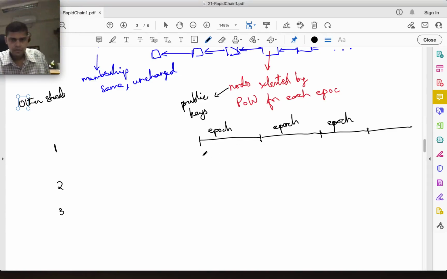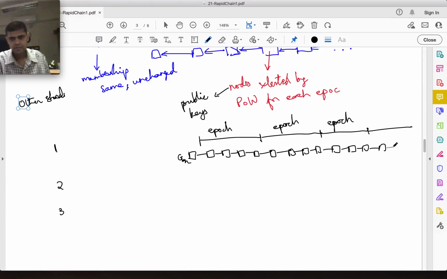Now let's say that there is some genesis block. So we have a blockchain here and a certain number of blocks, let's say, generated over time, right? And similar for all of these.